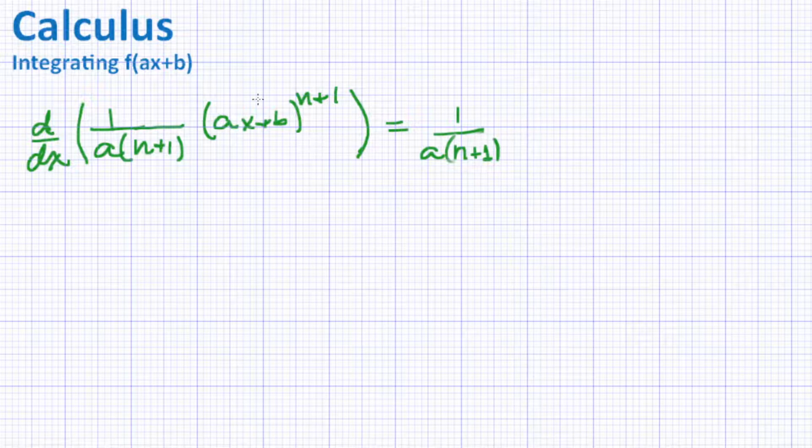And now we have to multiply by the derivative of this second term here. However, when we take the derivative, this n plus 1 will drop.